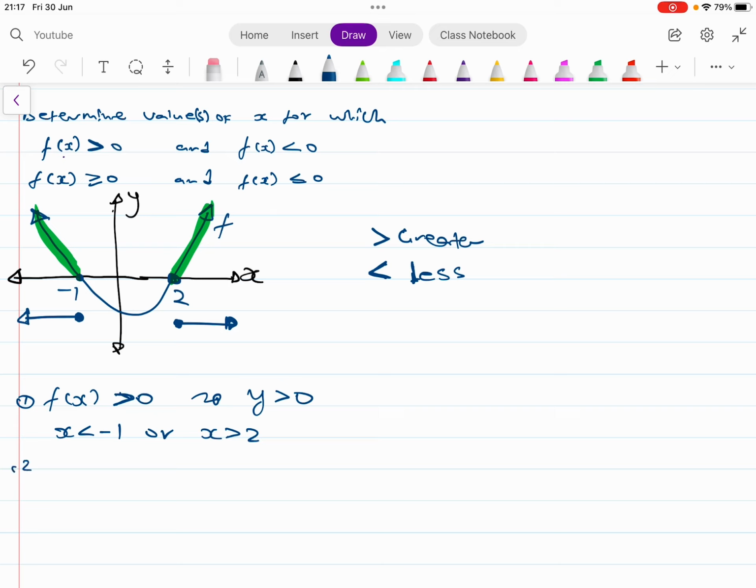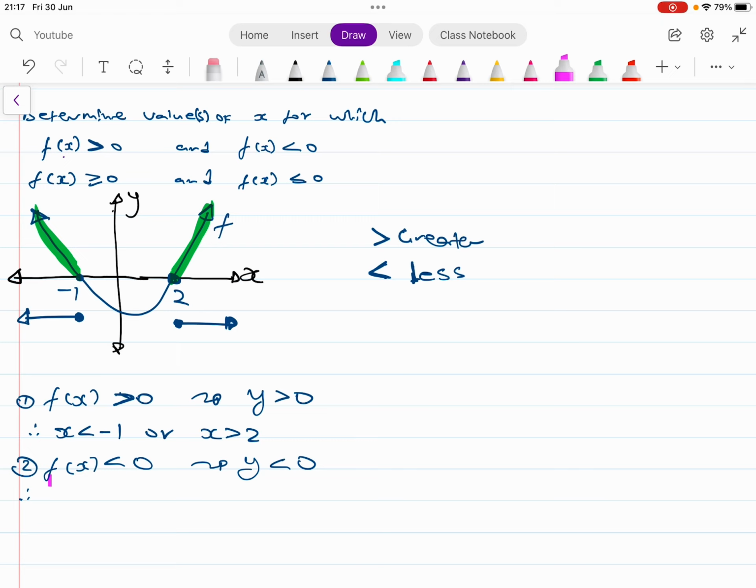Okay, and for the second part, when we say determine the values of x for which f of x is less than 0, how you get the answer is to look at the graph and try to identify the region where the graph of f is below the x-axis, because f of x is less than 0 is the same as saying y is less than 0.